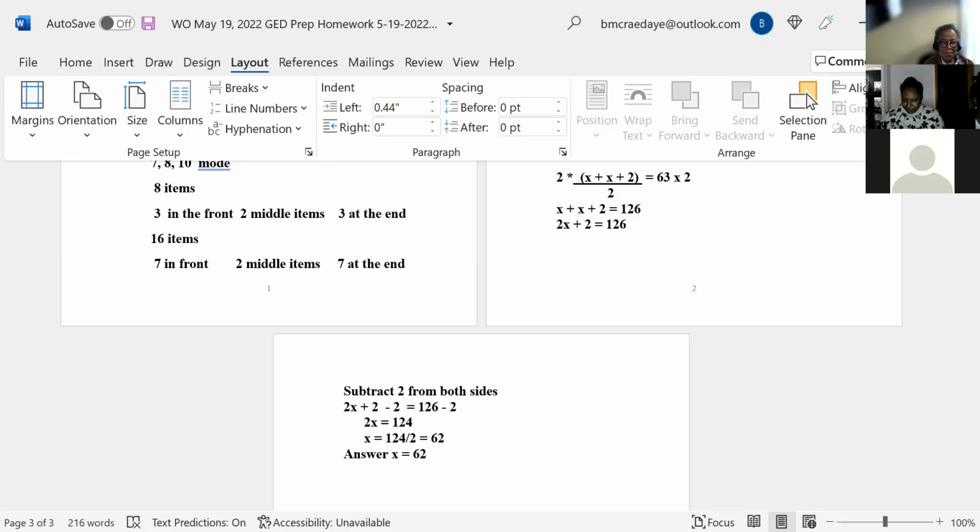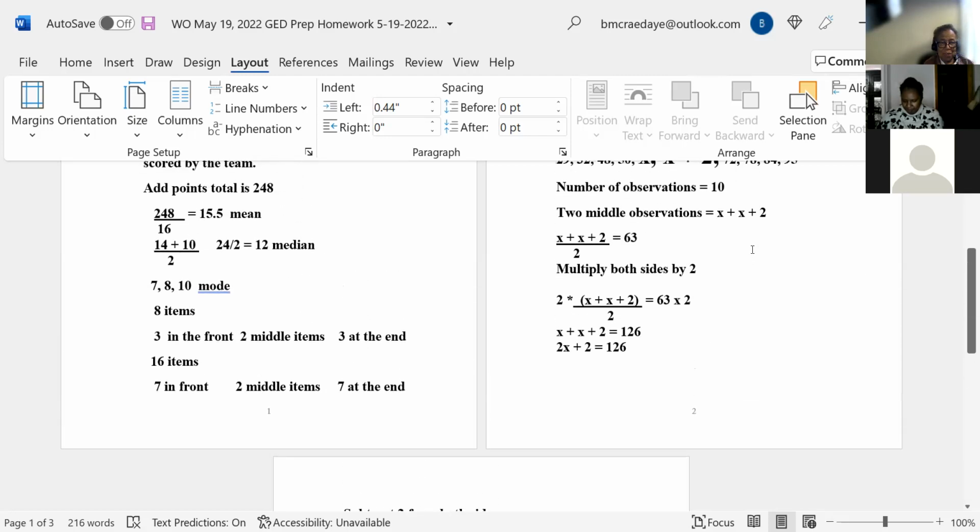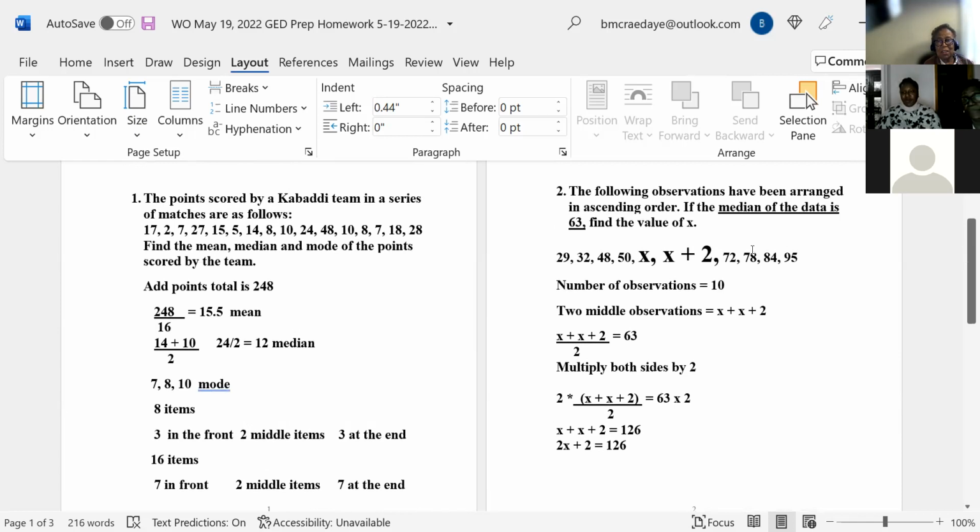That one was kind of puzzling, Miss Barbara. But what this problem was supposed to find out is if you really understand median, right? If you have an even set of data items, here they call them observations, it's the 2 numbers in the middle divided by 2, except your 2 numbers in the middle are a variable and a variable plus a number, but it's still the same principle.